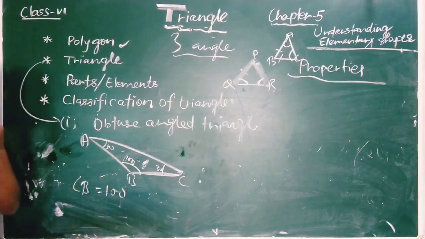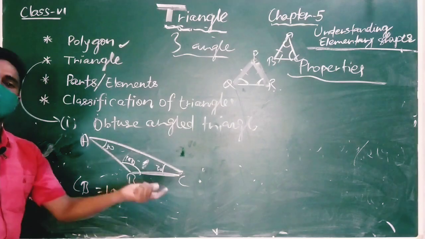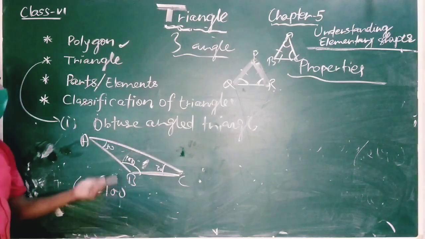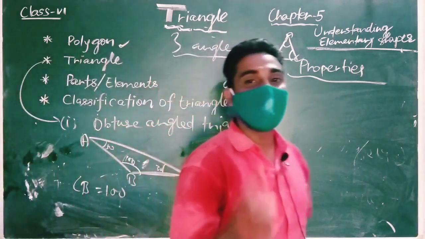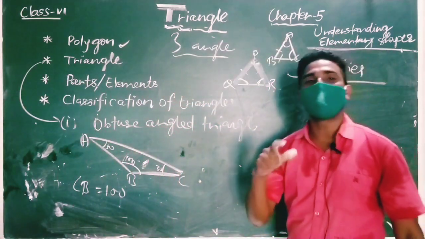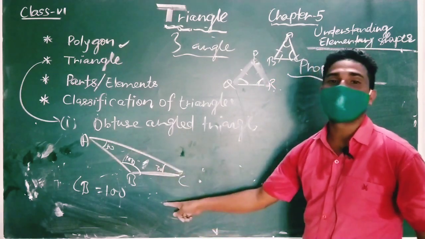So always obtuse means 100? No. Obtuse means more than 90 but less than 180. Any angle may be there. So this is obtuse angle triangle. A triangle having any one angle measure obtuse is called obtuse angle triangle.